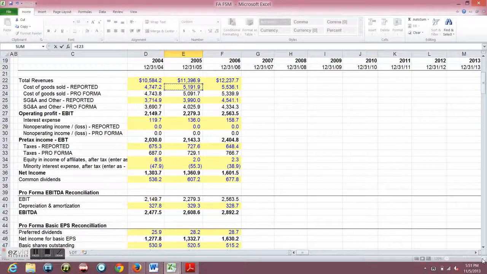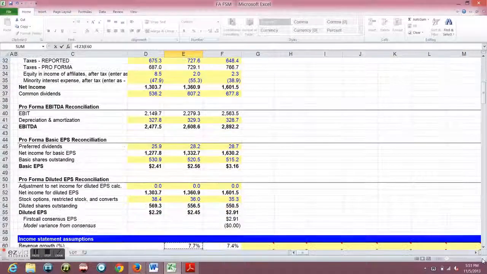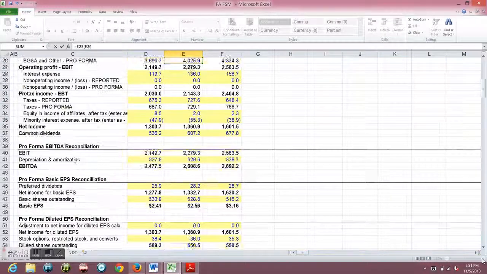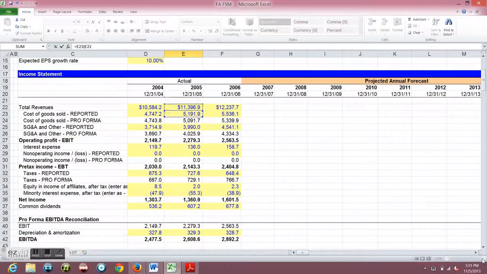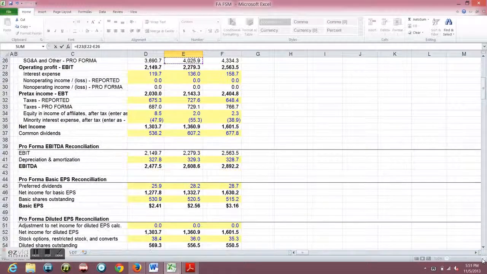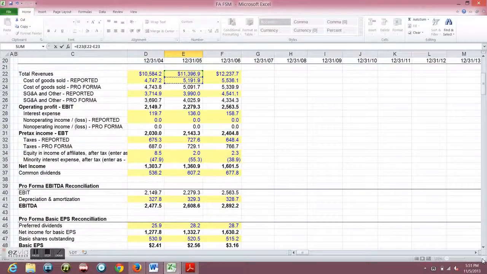So we put a parenthesis, total revenues minus the COGS of that year. Typically the margin is essentially what portion of that revenue is COGS or SG&A, etc. So that's what we're going to do.